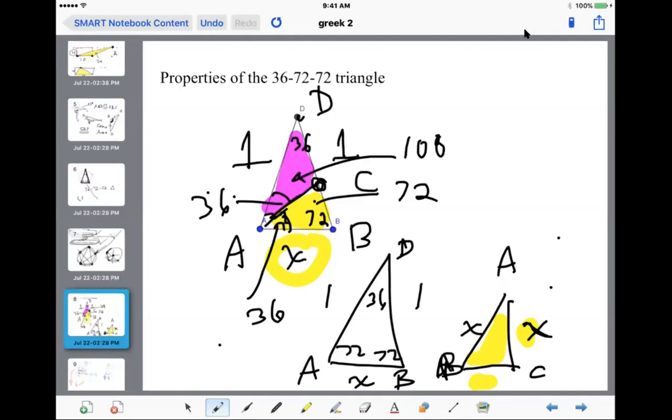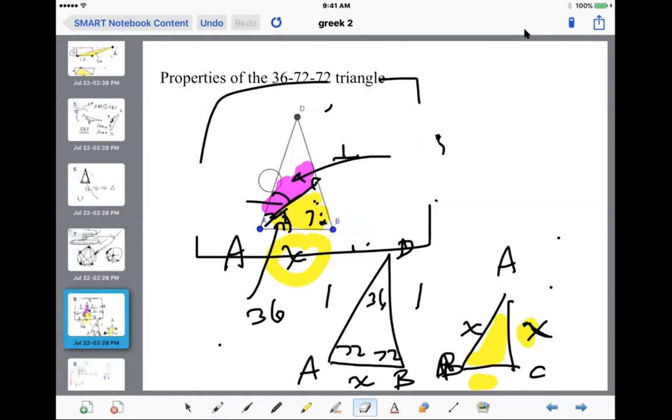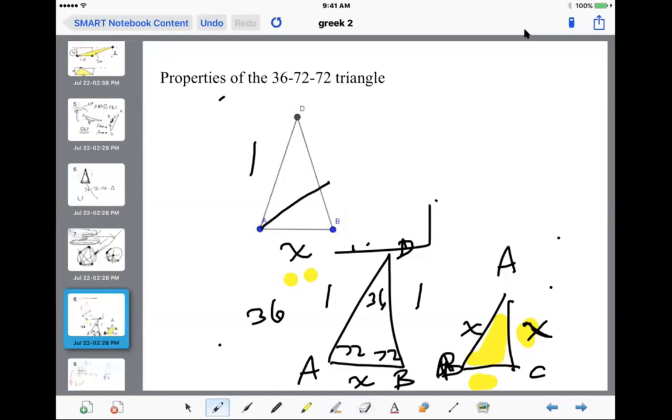So maybe we should go back to the picture that it came from, and look at it in this context. I need to erase a bunch of stuff because it's getting a little crazy here. Okay, so here I have 1. I have x. This entire piece is 1.